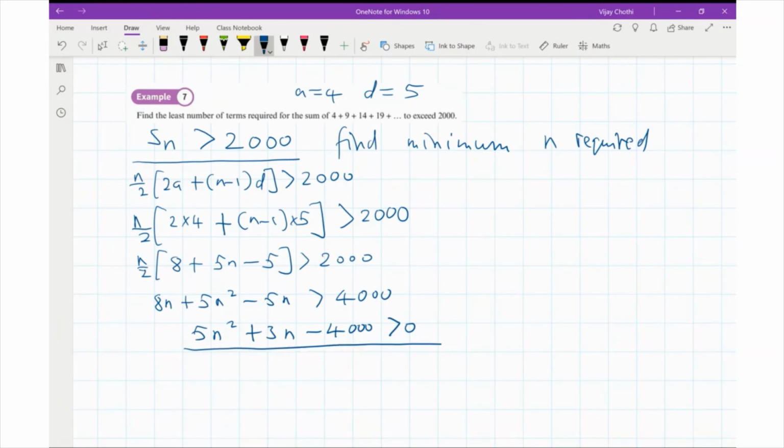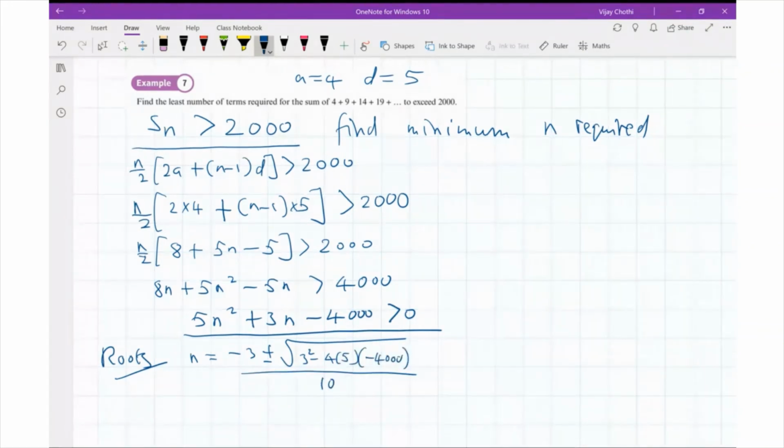Okay, to solve a quadratic inequality, you need to find the roots, first of all. So to find the roots, you can either use the calculator or you can use the formula. If you use the formula, you would solve minus 3 plus or minus the square root of b squared minus 4 times a times c, all over 2a.